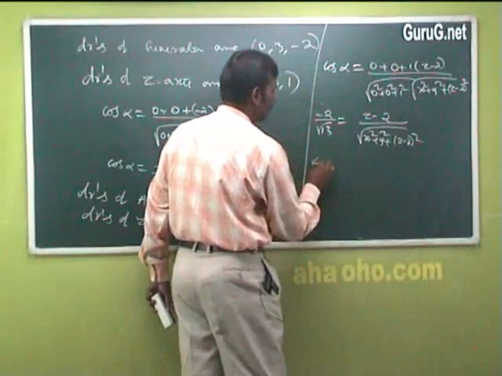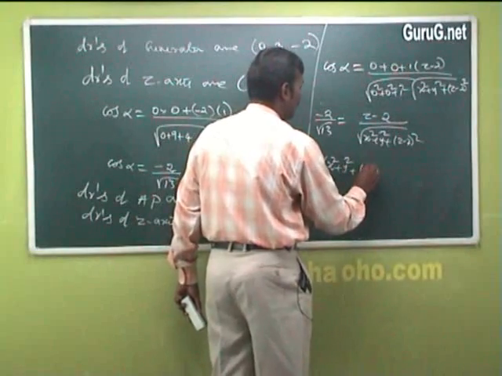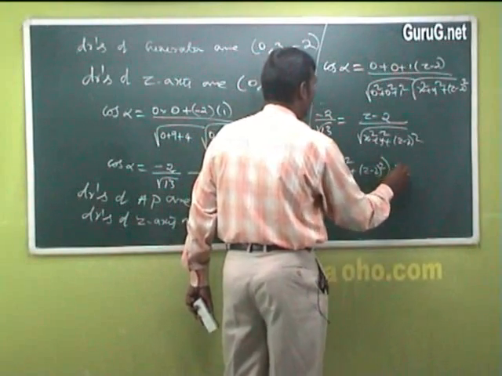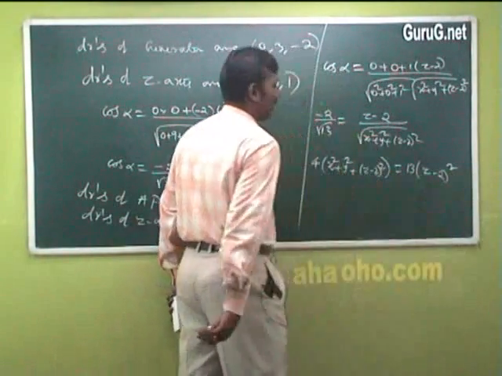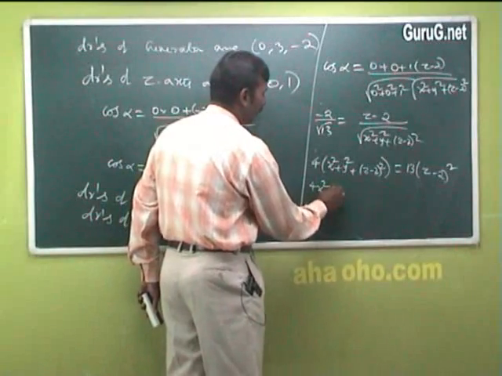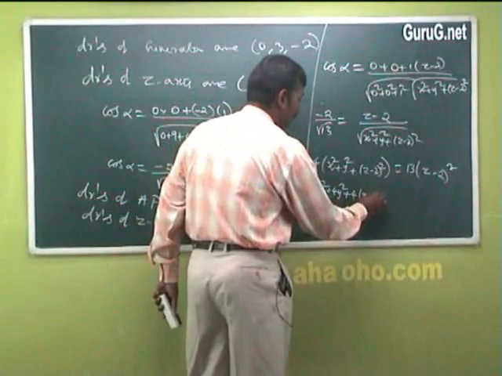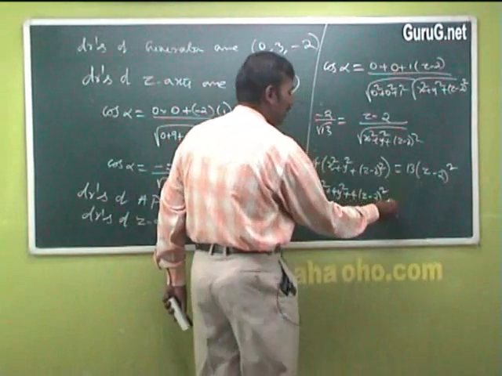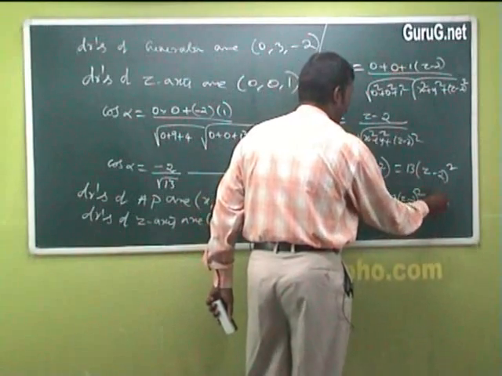Squaring on both sides, so 4 into x squared plus y squared plus z minus 2 the whole square equal to 13 into z minus 2 the whole square, right? So 4x squared plus 4y squared plus 4 into z minus 2 the whole square minus 13 into z minus 2 the whole square equal to 0.